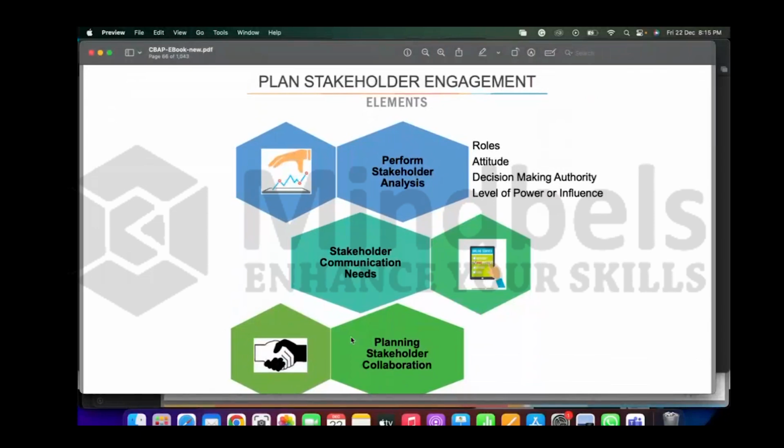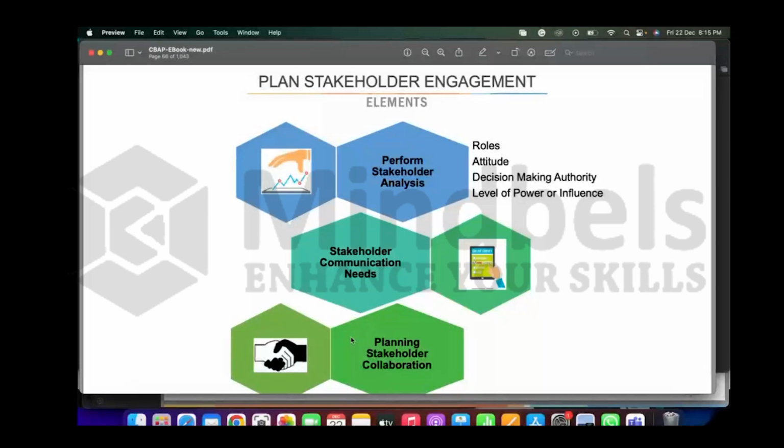So what are your elements in stakeholder engagement? Again, it's nothing but your ingredients. Your elements are: how do you perform stakeholder analysis? What do you do that? You identify what roles do they play, what is their level of authorities, what is their level of power. So basically these are nothing but roles.